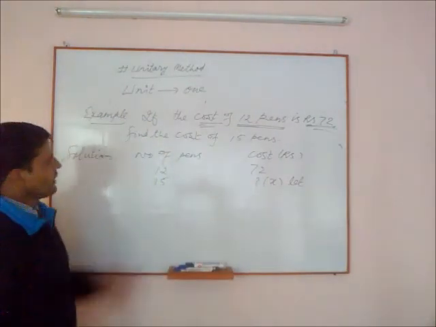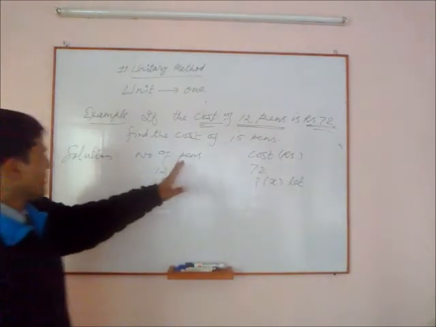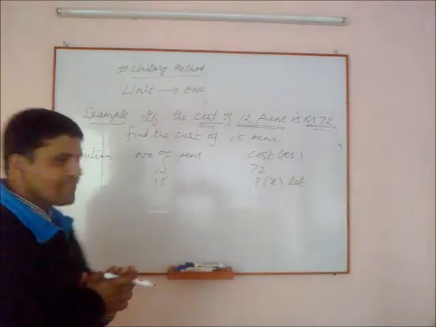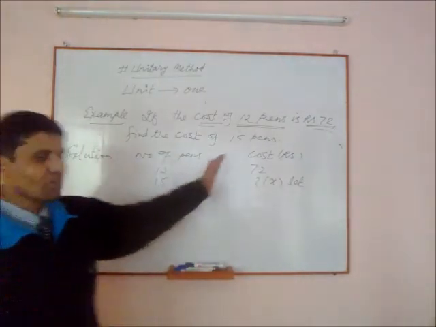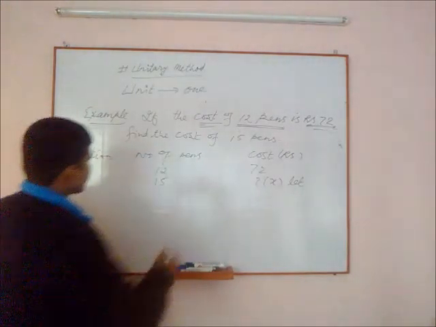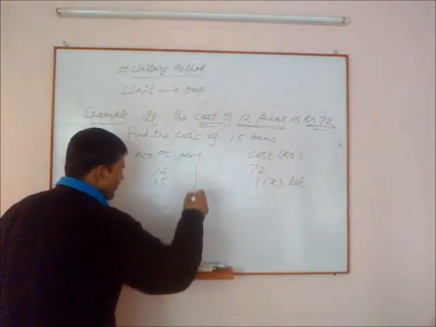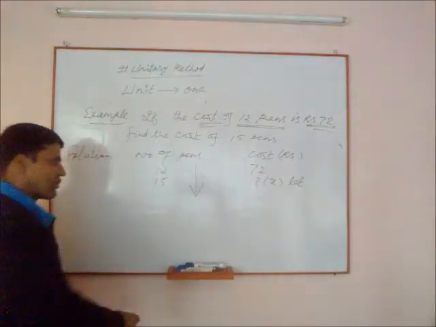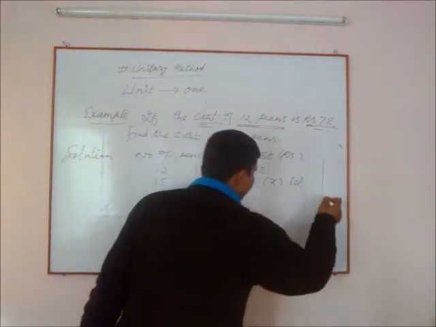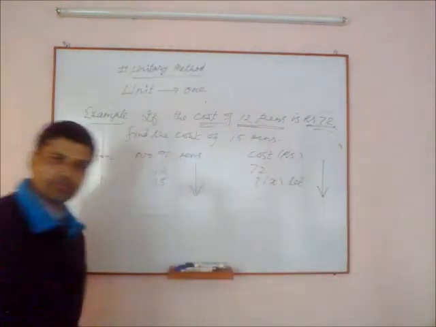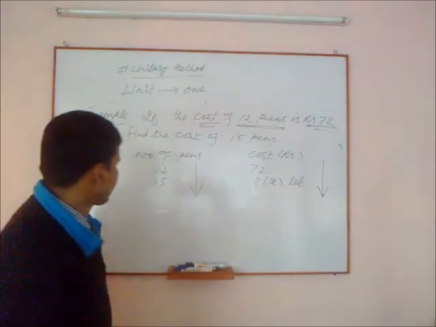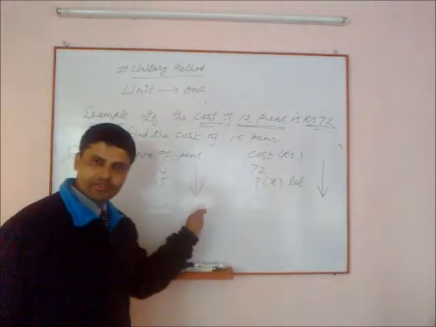Then we already discussed that number of pens and cost are directly related. Directly related means number of pens and cost are directly proportional. Directly proportional means if we take the ratio of these two numbers in this order, we have to take the ratio of cost in the same order, the respective values in respective positions.